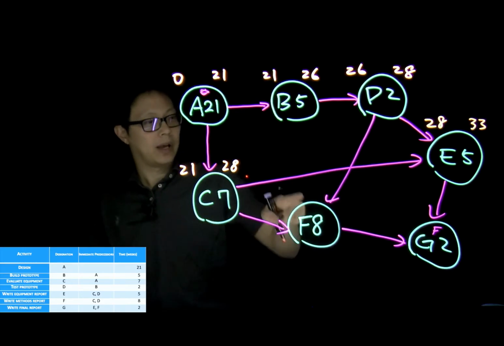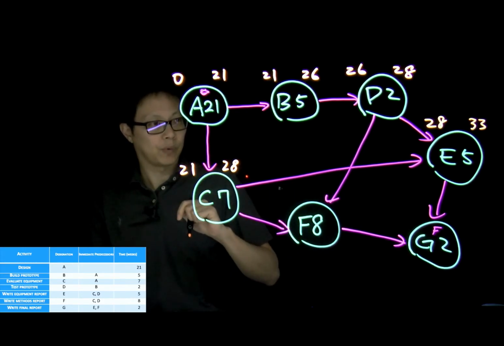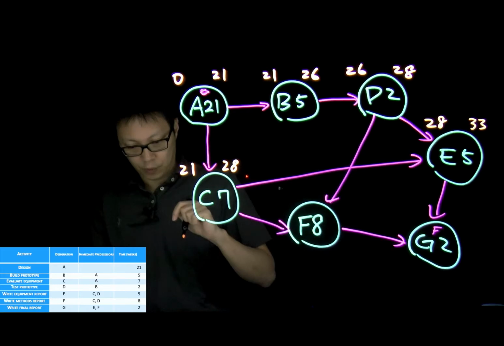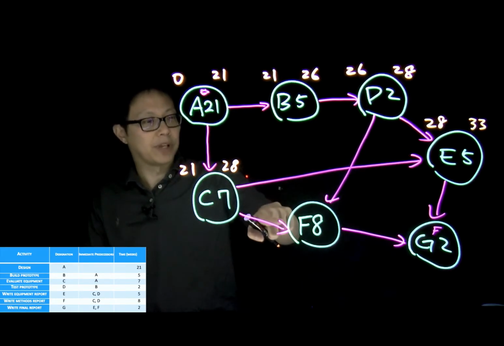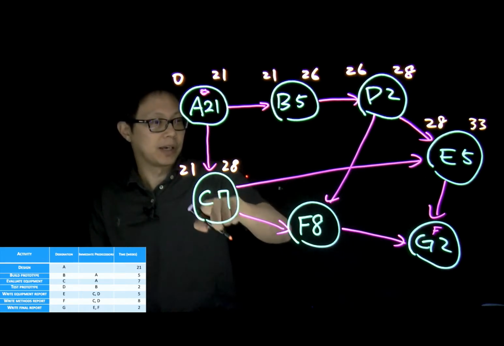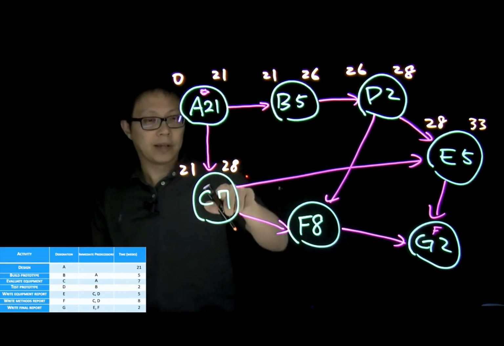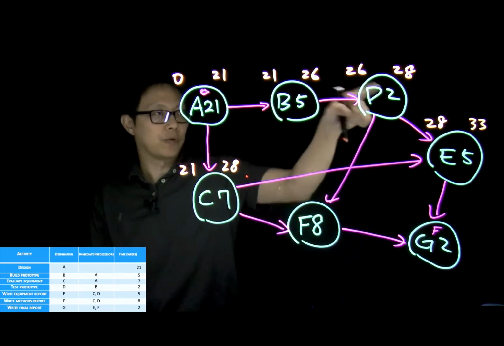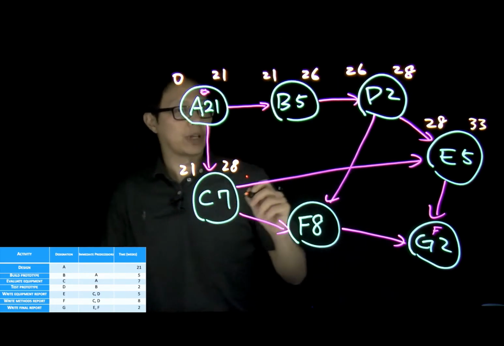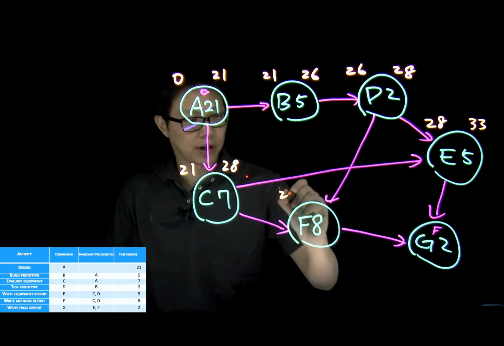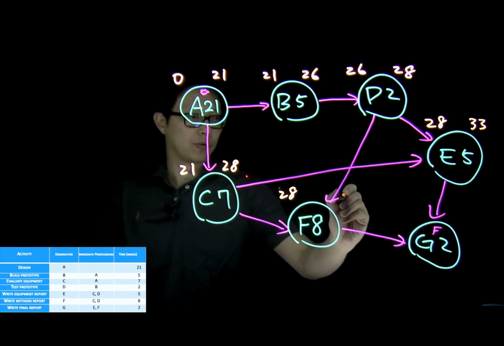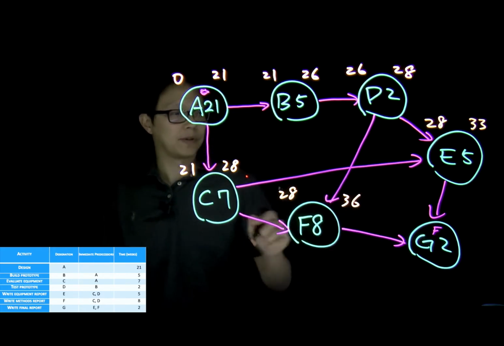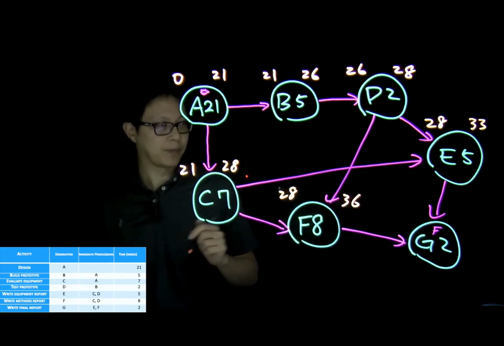How about F? F needs to be done after we finish C and D. C can be done at time 28, and D can be done at time 28 as well. So the earliest start time for F will be 28. The earliest finish time will be 36 because the duration is 8.